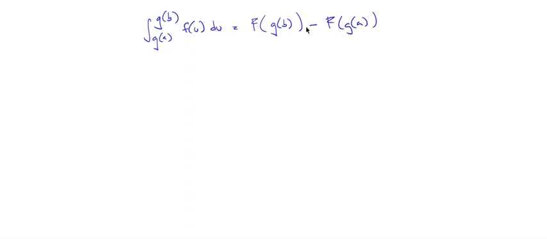This is just applying Barrow's rule. And then if we differentiate this expression, we have the derivative of f at g of x, for instance, with respect to x. What you get is f prime at g times the derivative of g at x.